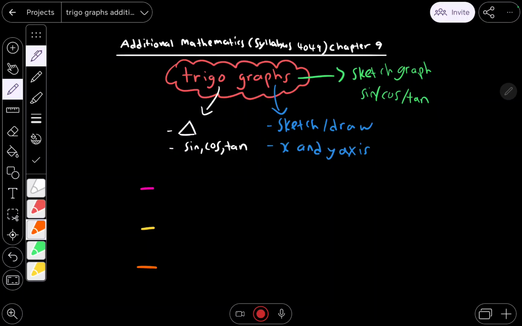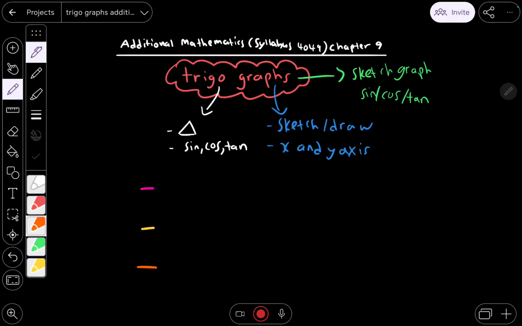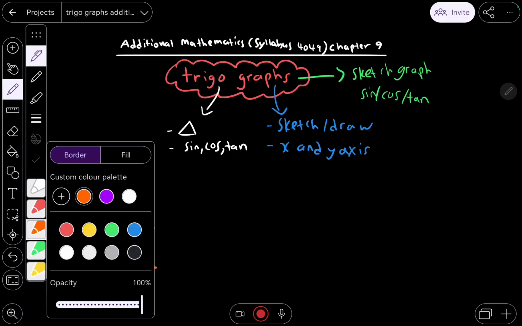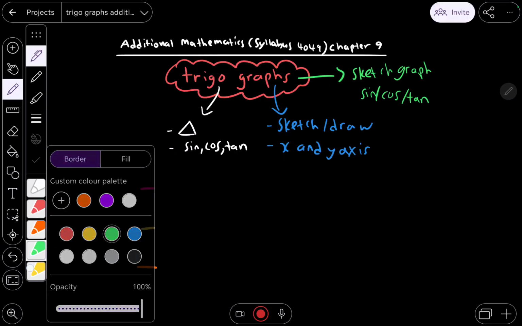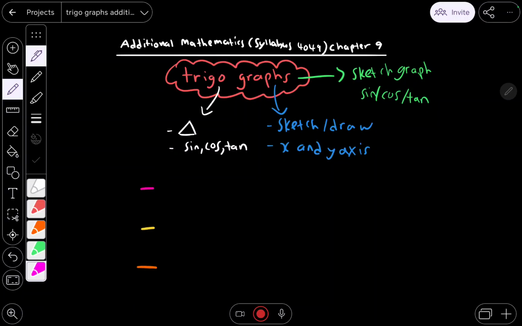Okay, so let's get started on the graphs. Where's my pink color? The first one we have to know how to draw is a sine x graph, or a negative sine x graph.